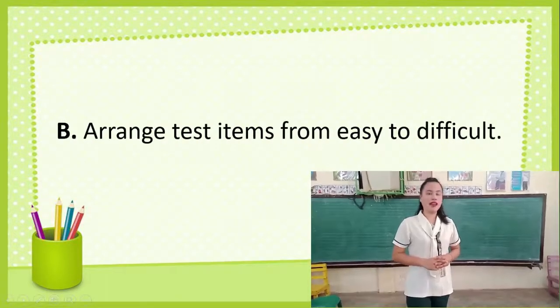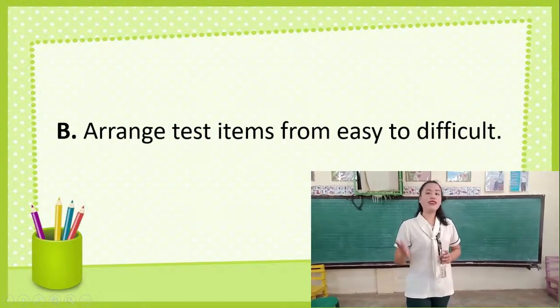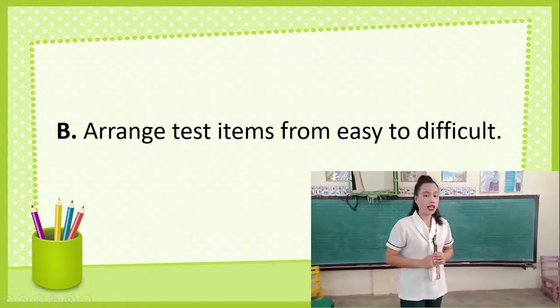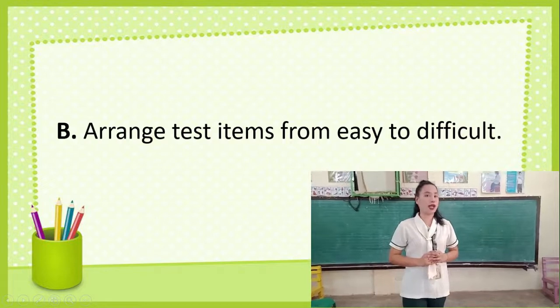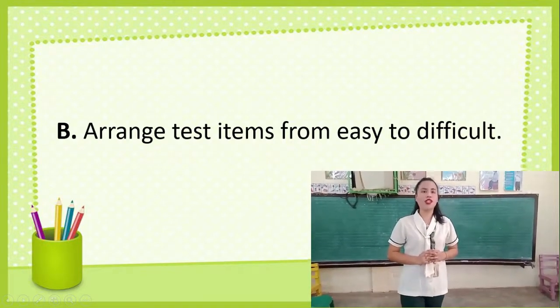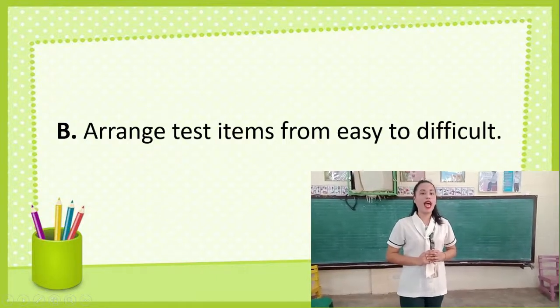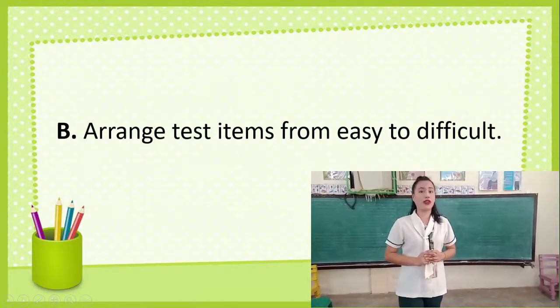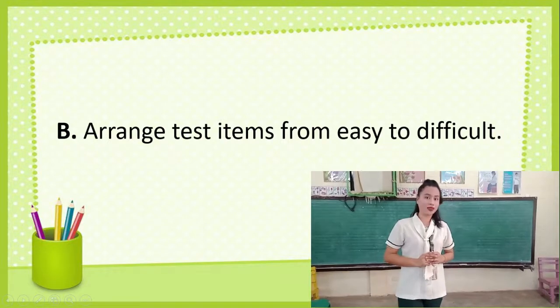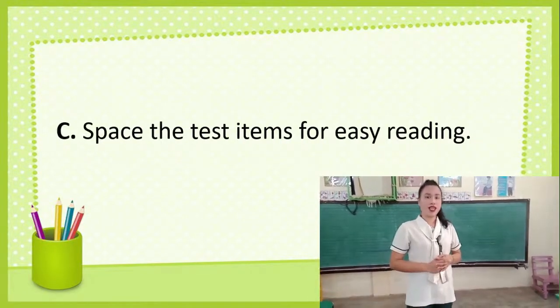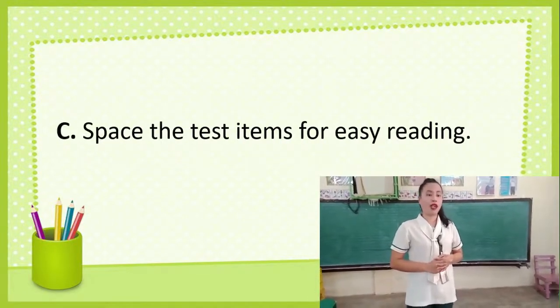Letter B, arrange test items from easy to difficult, meaning the test item must be arranged from easy to difficult so that students will answer the first few items correctly and build confidence at the start of the test. Clear?